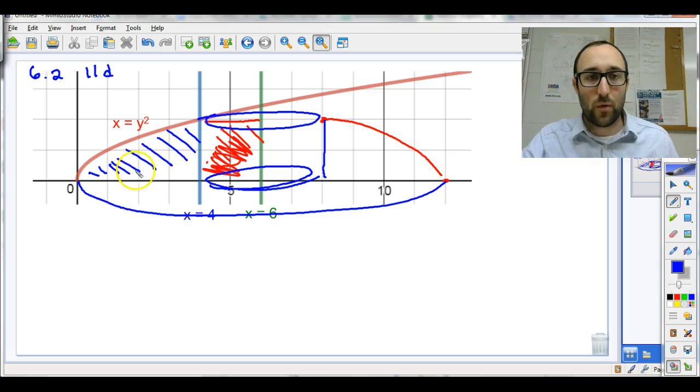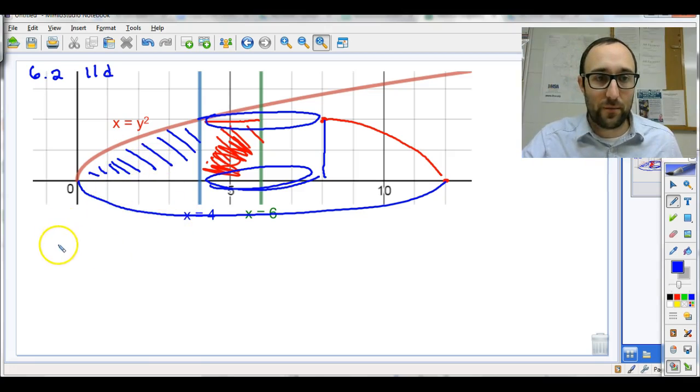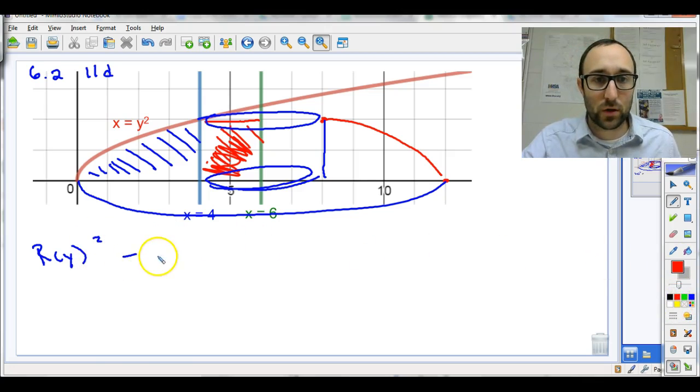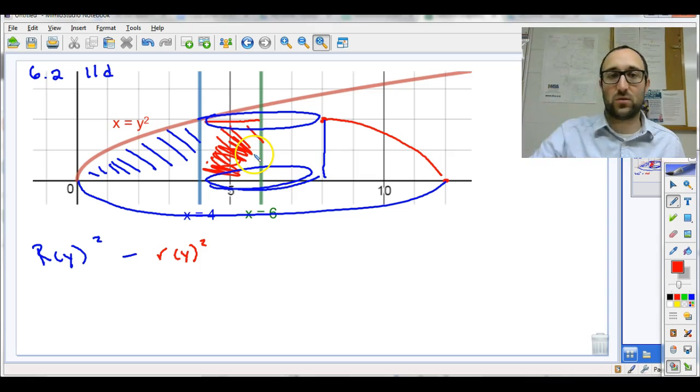So what we want to do is take capital R of y squared minus lower r of y squared. We take the area of this thing and subtract the area of this thing, and then the dy is that length of how wide we are, and I'm trying to make those really, really small.